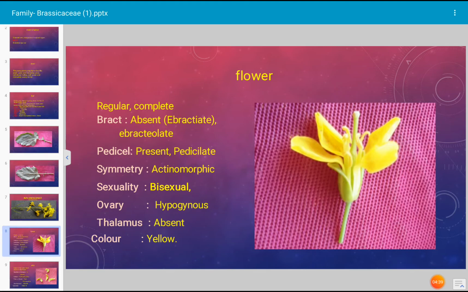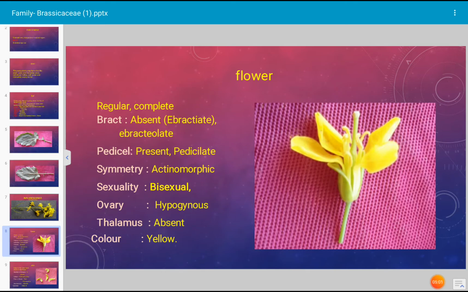At the base of the flower, there is no bract. Bract is absent. If the bract is absent, the flower is described as ebracteate. And the flower has a stalk-like structure. The stalk of the flower is known as the pedicel.